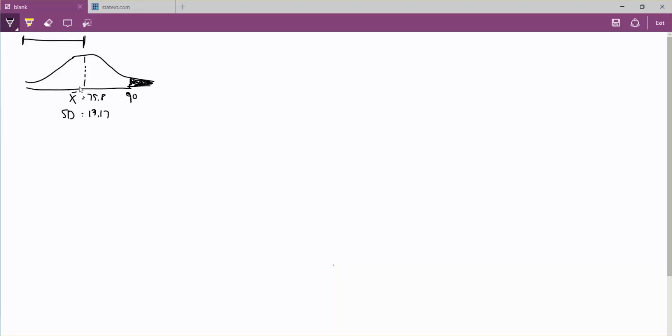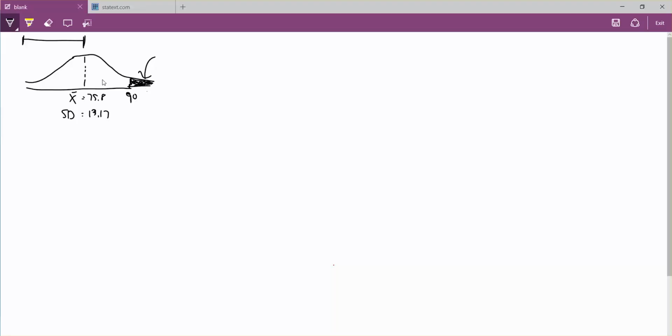I'm not interested in finding this half. If I were to ask what percentage of my students are likely to earn higher than 75.8, from here all the way to the right, then that answer is 50% because it's exactly half of my normal distribution. But that's not what I'm interested in knowing. This little black shaded area is what I'm interested in knowing.